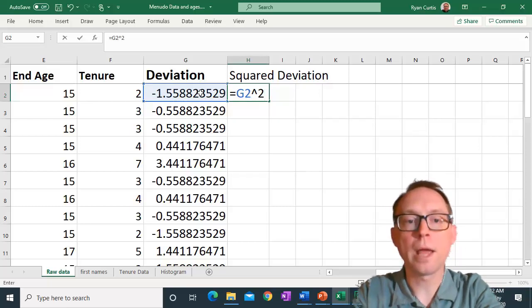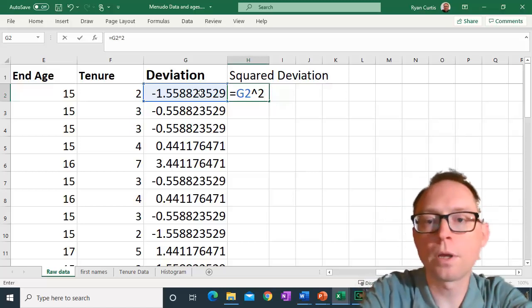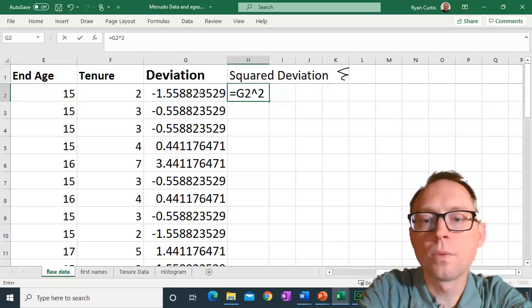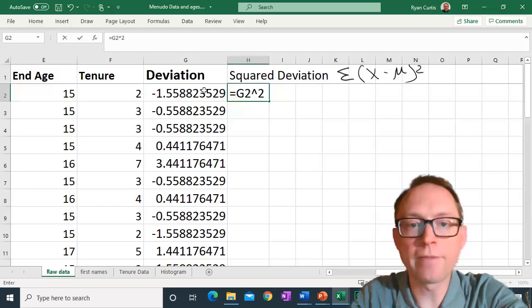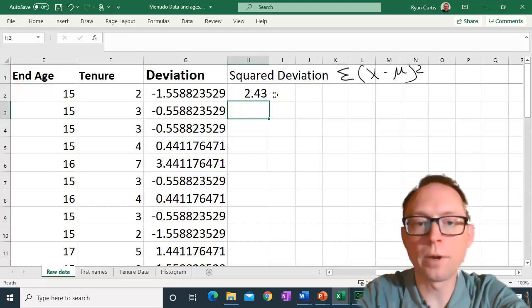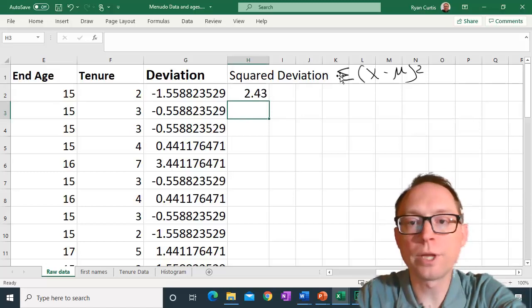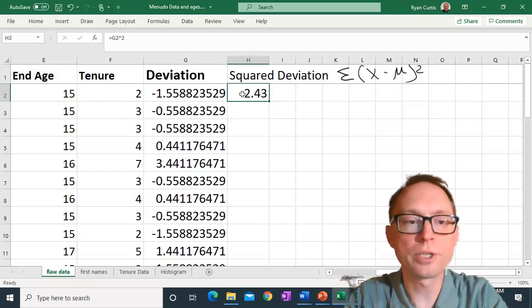Remember, x minus mu squared, and then we add them up, because the formula that we're working on is the sum of, in parentheses, x minus mu squared. X minus mu we already have, that's the deviation. Now we're just going to square it for each one. So when I do that, 2.43, what I've got is everything except for that sum part. So x minus mu squared for this person is 2.43. Now we're going to do that for everybody.